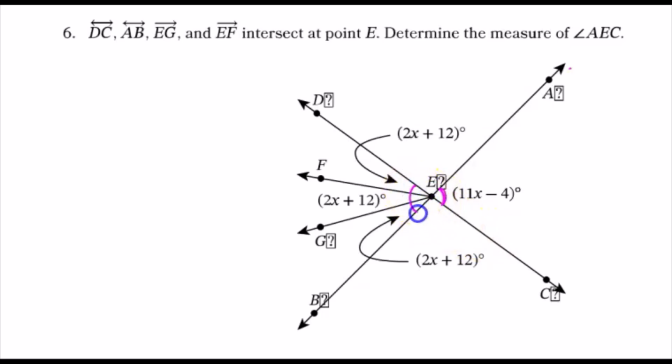Well, I know if two angles are vertical angles, then they are congruent. So I know that angle DEB is congruent to angle CEA, or AEC, and DEB is made up of all of these 3 little angles.